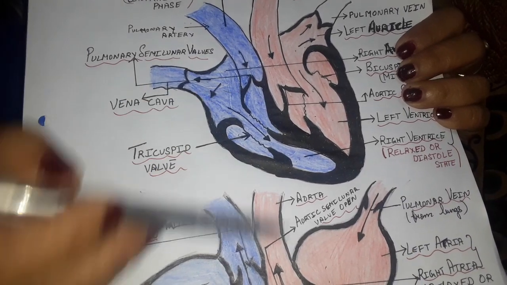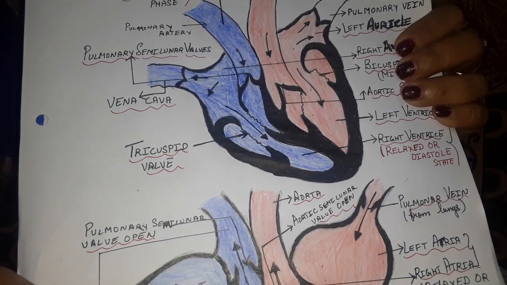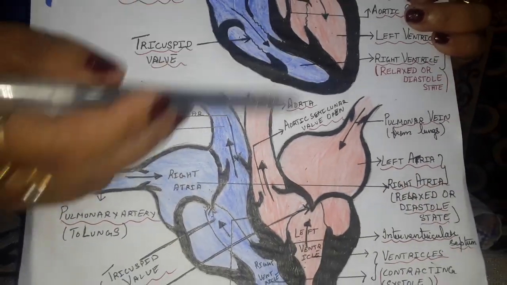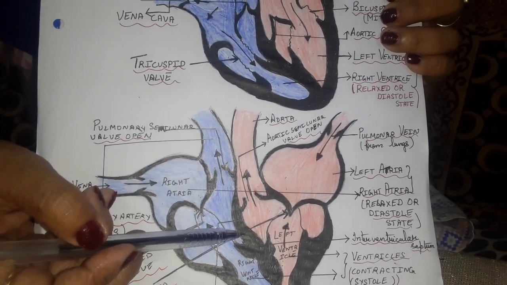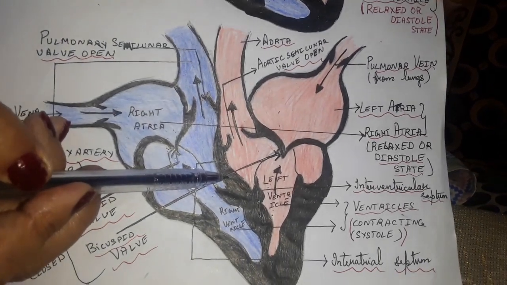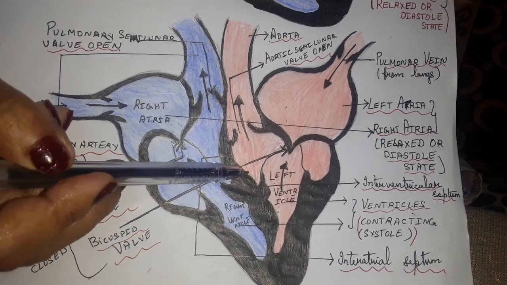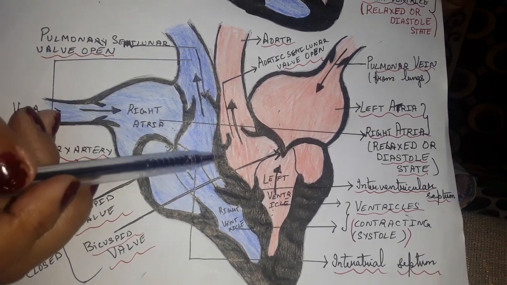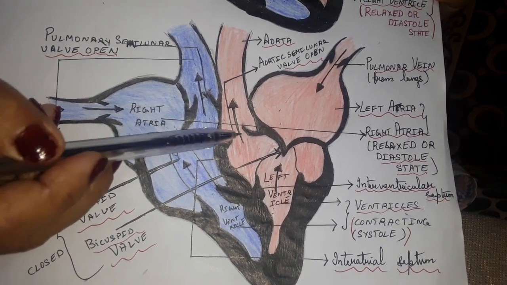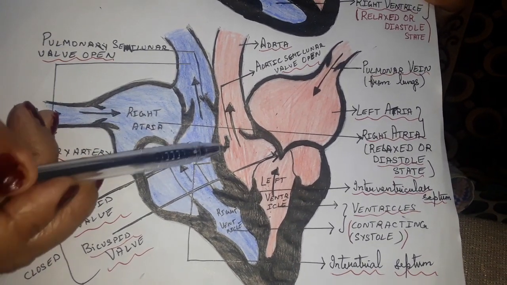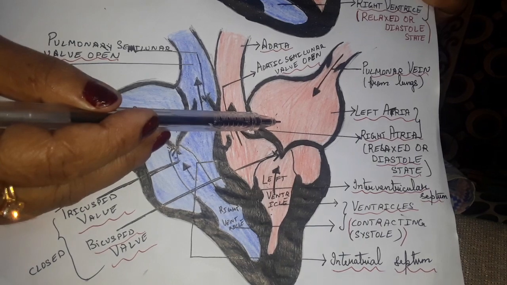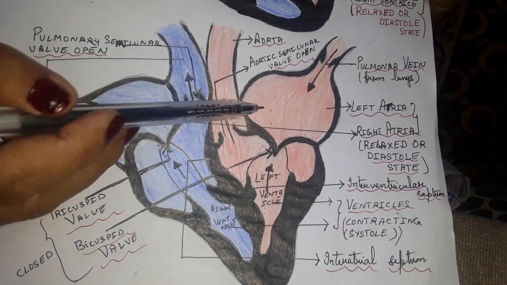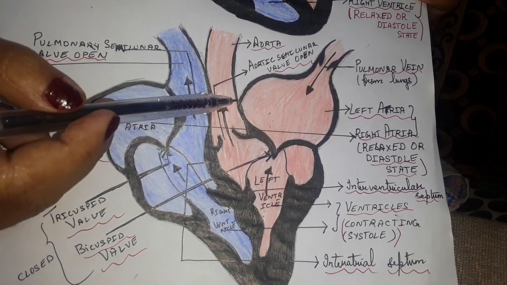Now, as you observe the diagram, you find these structures which I had discussed earlier also briefly. These are called septum. What are these? These are structures that separate the two sides of the heart. The septum present in between the right atrium and the left atrium is called interatrial septum.